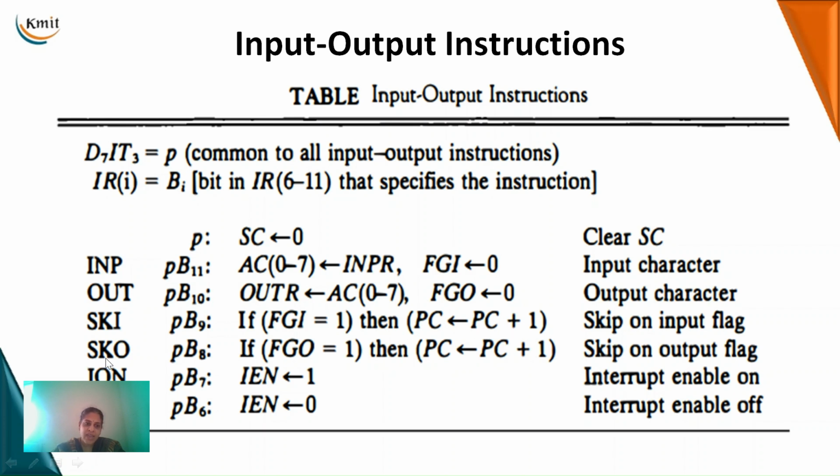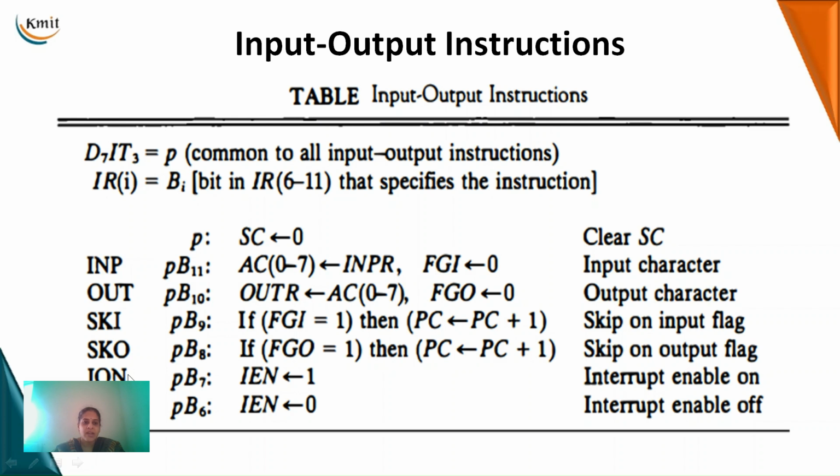In case of SKO, which we call skip on output flag, it checks the status of the output flag FGO, and if FGO is 1, then we skip the next instruction in the program order by means of PC implies PC plus 1.